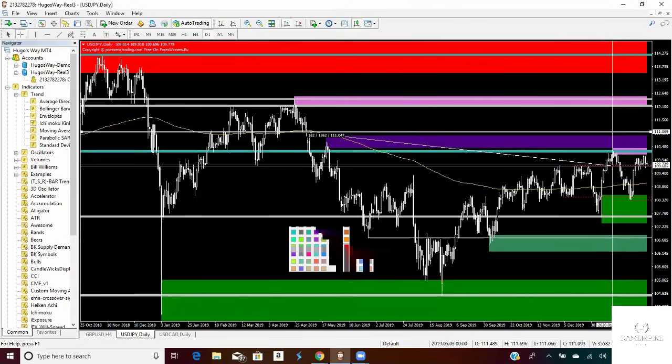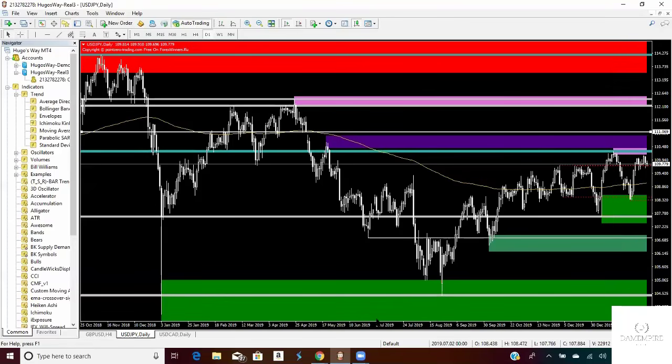I would like it to close that. That would look really nice for 139 pips. Yeah, it looks good.